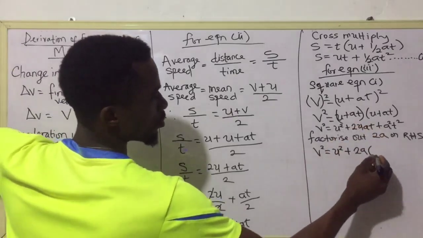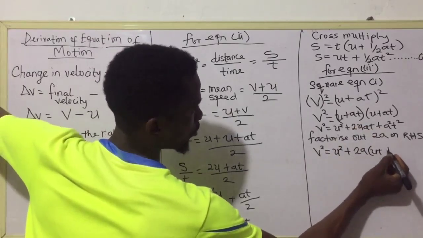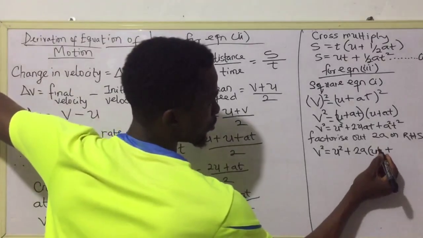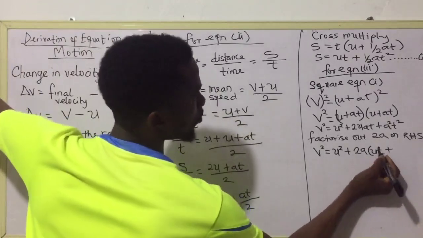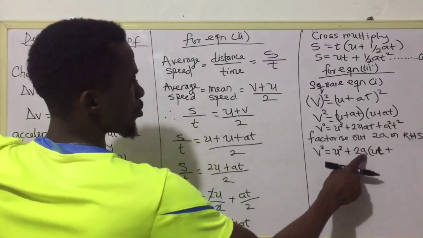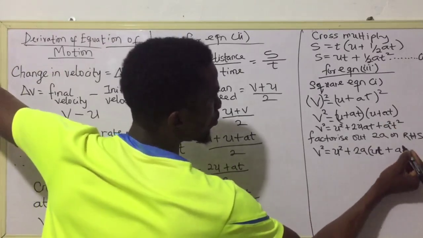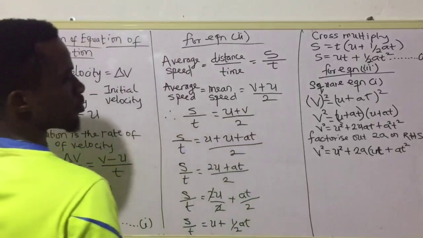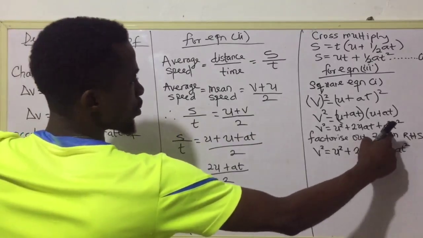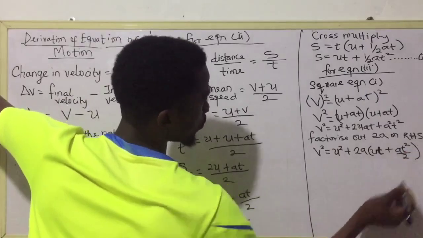When we bring out 2a there, what will be left there would be ut. Now a is already out, so we'll be left with just one a there, and t squared, but there's no 2. Since there is no 2, we have to put a division sign and put 2.